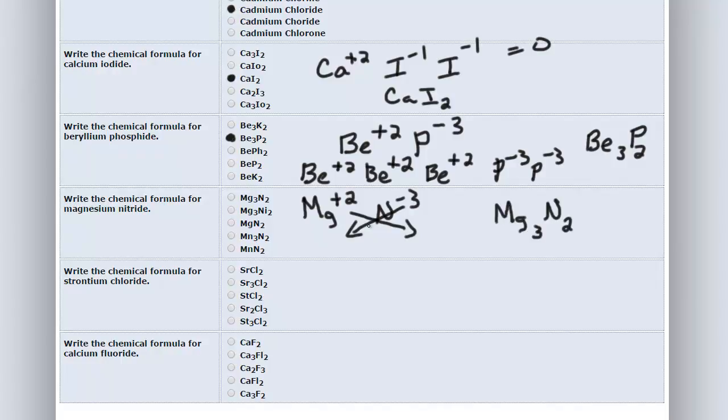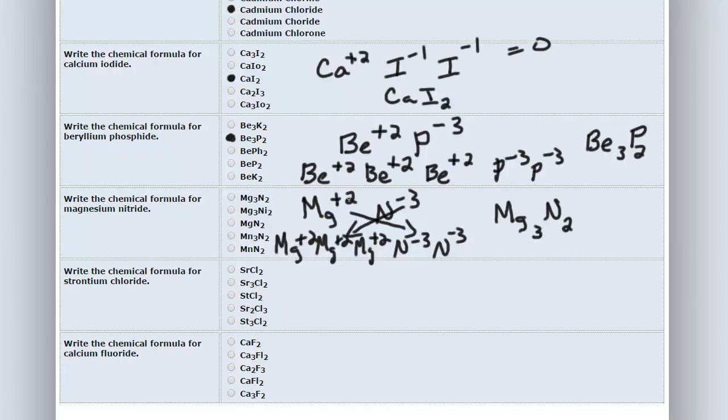Then we would write out Mg3N2. We can do that because we're looking for the least common multiple between the 2 and 3, which is 6. So we bring the 3 down there and the 2 up there. Sometimes this gets us into trouble. Sometimes it's easier to write it out as Mg +2, Mg +2, and Mg +2, and then N -3 and N -3, and we get to see clearly that we have a +6 and a -6, so we get to 0.